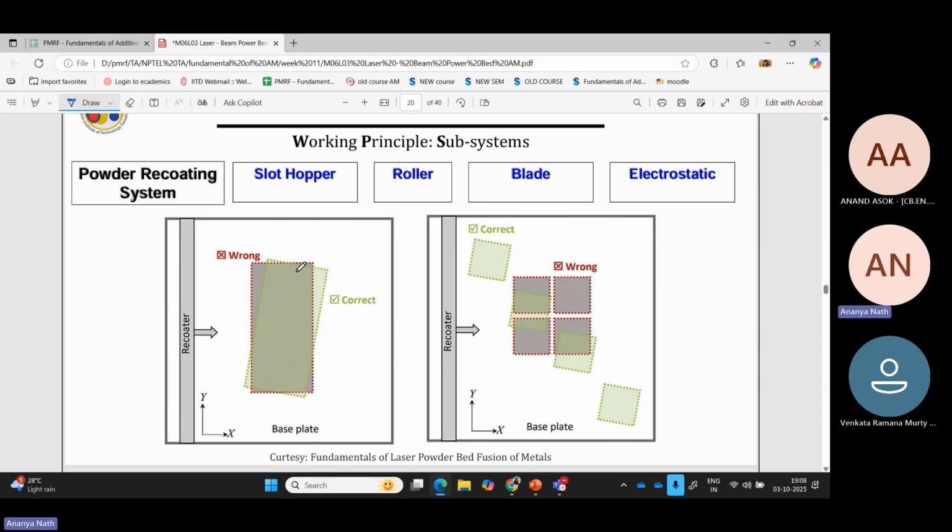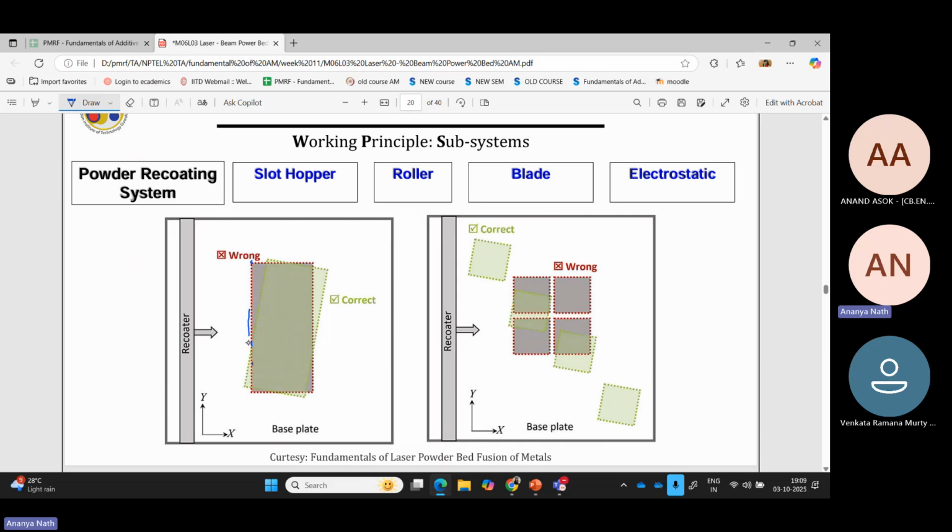This says this is wrong and this is correct. Because when your recoater blade is coming, we try to avoid as much perpendicular or line contact as possible with the part. So we always want to avoid this line contact with the recoater.